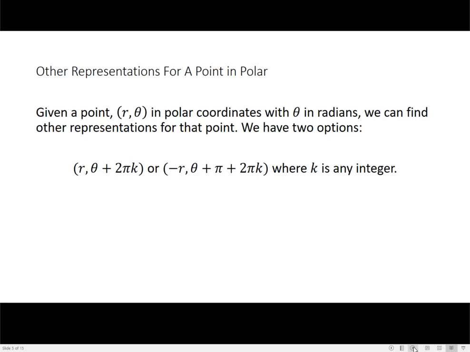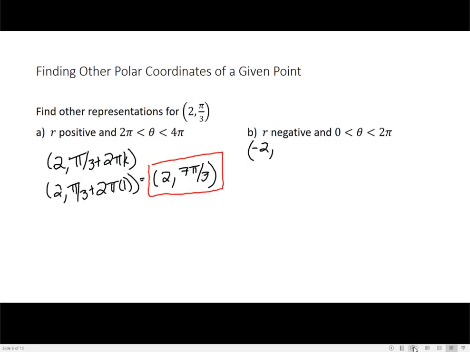I have to add pi to my angle, and then I'm going to use that 2 pi k possibly to get that new angle in the right interval. So theta is pi thirds, and then I add pi to that, and then maybe I have to add a 2 pi k.